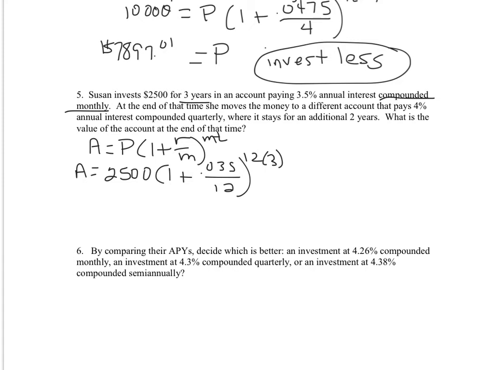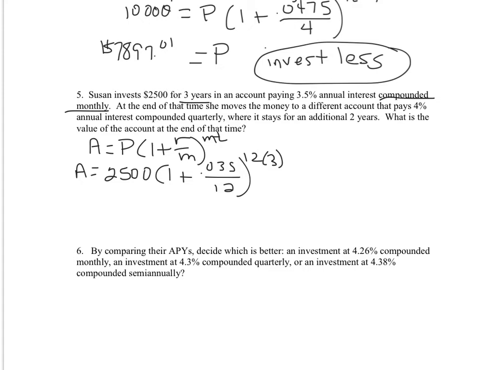And again, calculator entry means start with the parentheses. So you're going to take the 0.035, divide it by 12, and then add 1 to it. And that gives you kind of a long decimal number. You will then need to raise it to the 12 times 3 or 36th power, and then you're going to multiply that times 2,500.